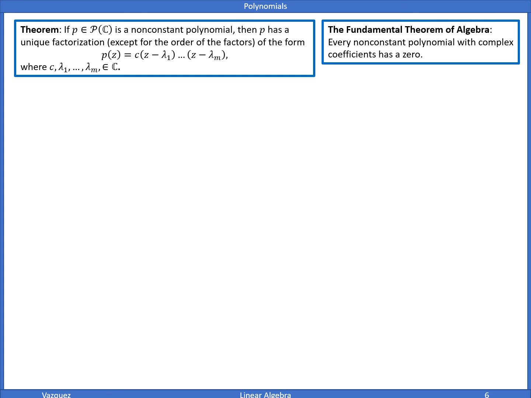So if a polynomial p with complex coefficients is a non-constant polynomial, then p has a unique factorization, except for the order. We can switch the order around of the factors of this form. So that's quite interesting.